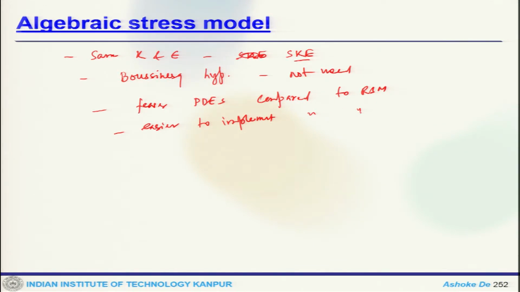However, these algebraic equations are not very stable, and computer time is significantly more than the standard K epsilon or K omega model. So, this was used in the old days, but once the RSM model became available, this is not very often used.